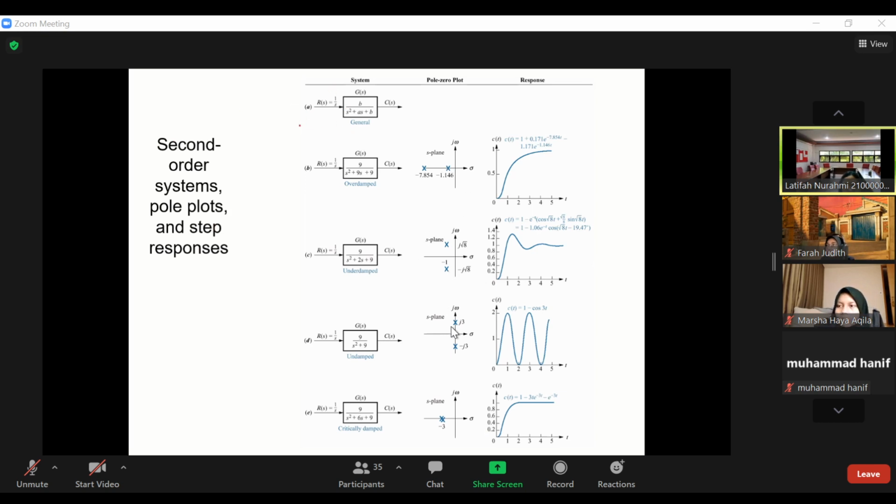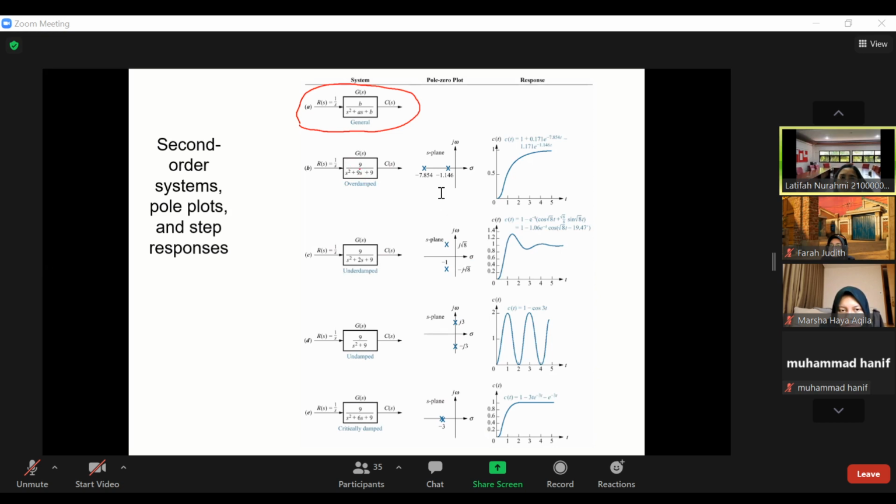I think this one is taken from the book, so you can learn it from the book as well. So you have been given the general transfer function, s squared plus as plus b, and the numerator is simply b. Now let's replace those a and b with some values.